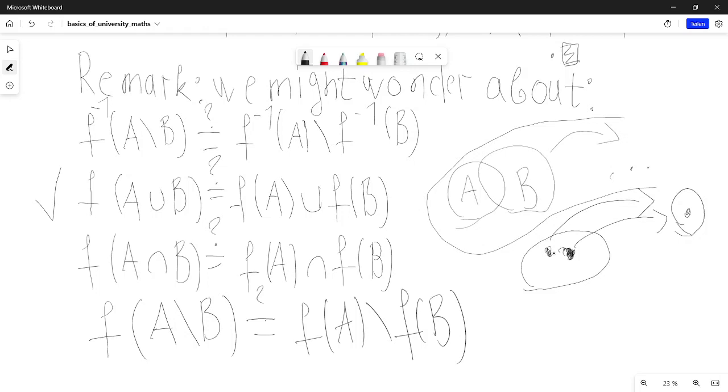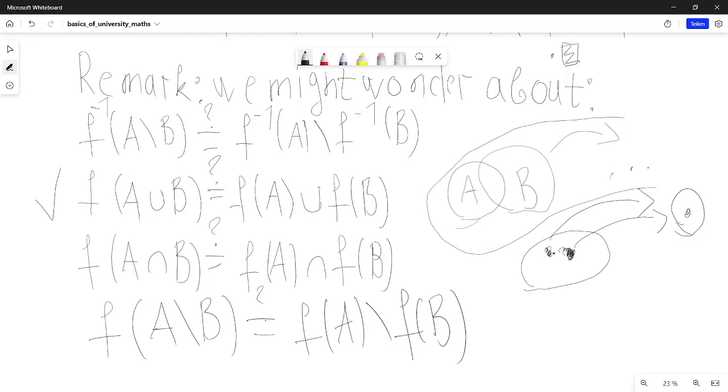So the set that contains simultaneously a point that is this point and this point, of course empty, because the points are assumed to be distinct, right?